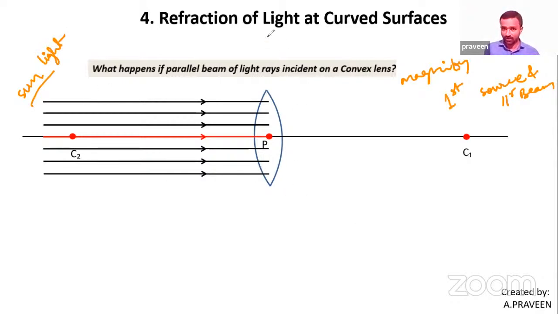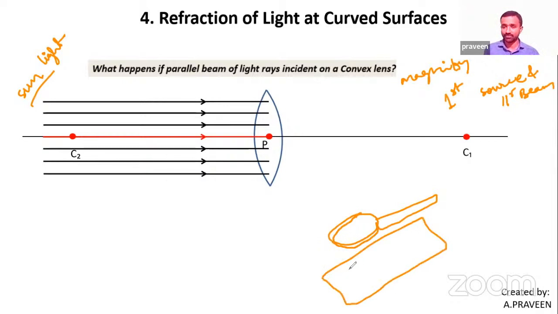Okay. So here, when you focus the sunlight on a lens, what happens? You are able to focus that light on a paper. You actually received a parallel beam of light rays from the sun. But after refraction, what happens?